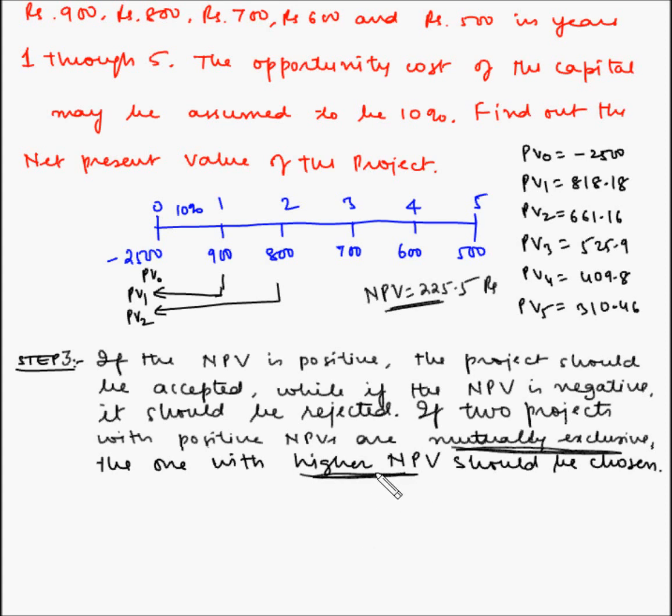Why will you choose the one with the higher NPV? Because the one with the higher NPV means that it has more profitability than the other project. So in our case, we have a positive NPV. So if the criteria for choosing this project is that it should have a positive NPV, then this project should be accepted and it should go through. Now, sometimes you may get a value of 0 for NPV.